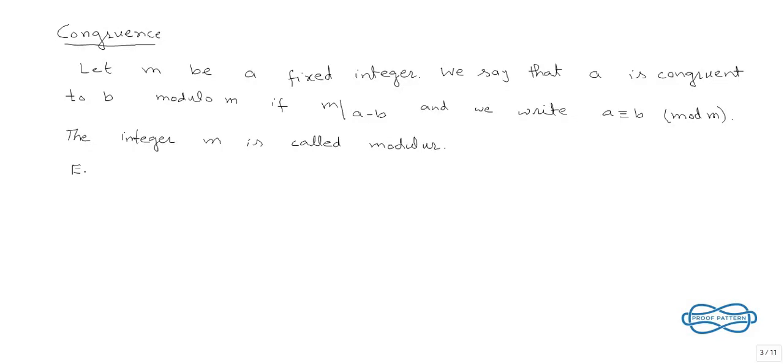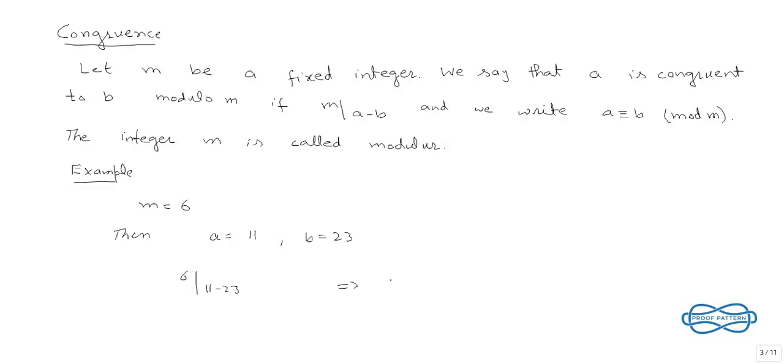For example, if we fix M to be 6, then A, for example, we take 11 and B is 23, then clearly 6 divides 11 minus 23.